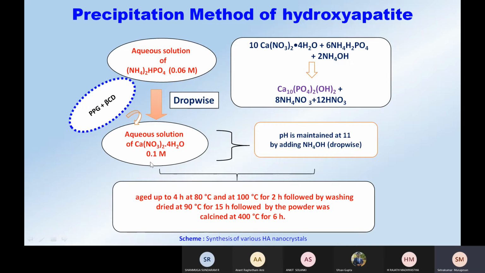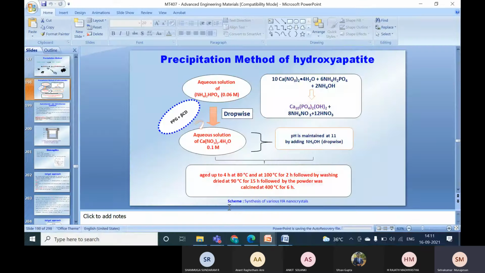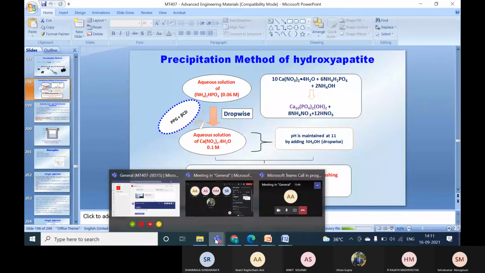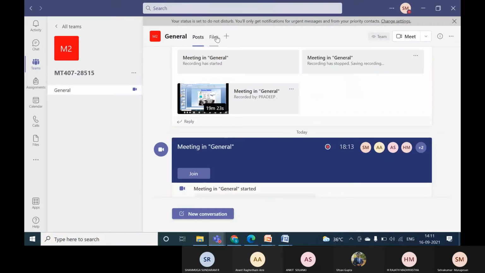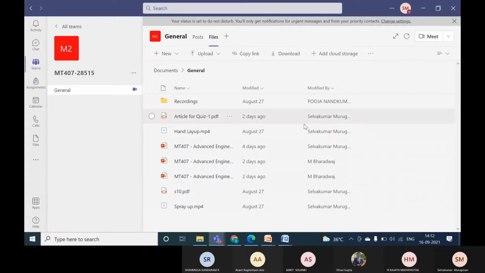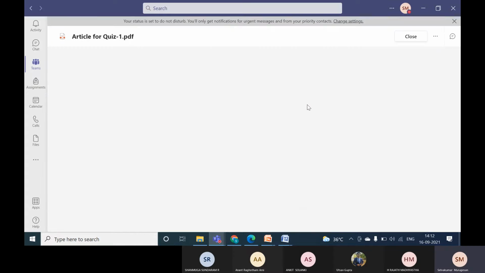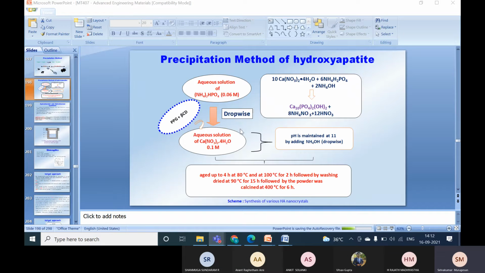Okay. So this morphology you can see in some of my papers, maybe. Yeah, this paper.